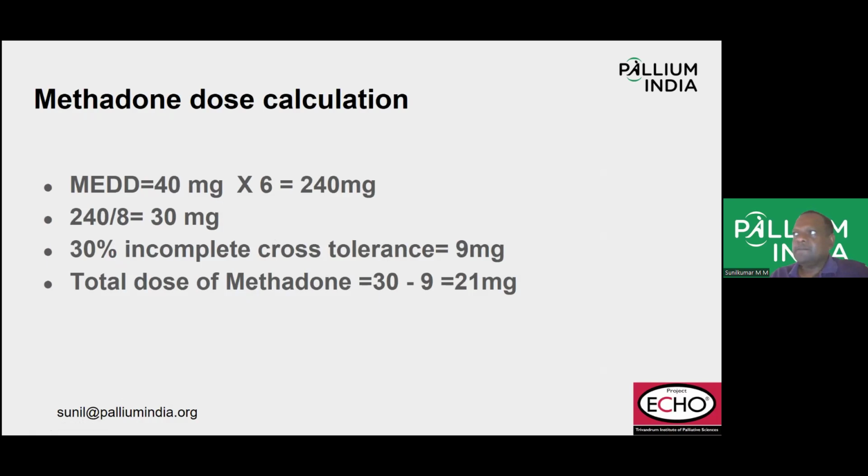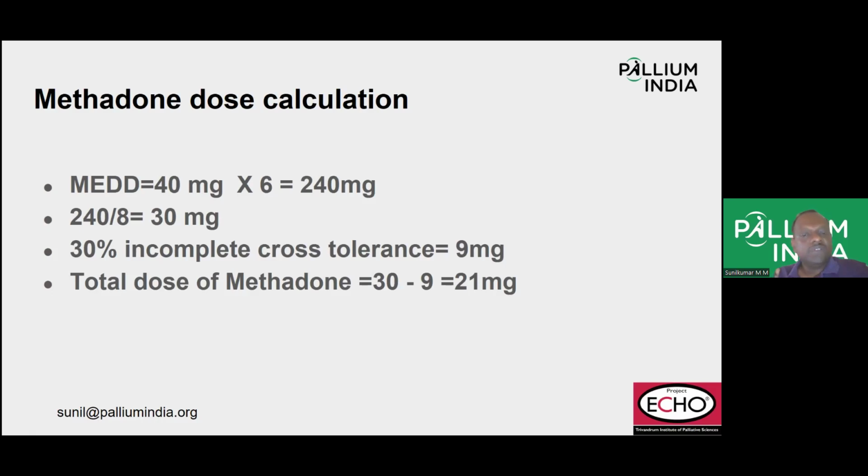But you will not convert this 30 milligram fully to methadone, because there is something called incomplete cross tolerance. Methadone, morphine, fentanyl, all are mu agonists, but their binding capacity and their adherence to the receptors are different.